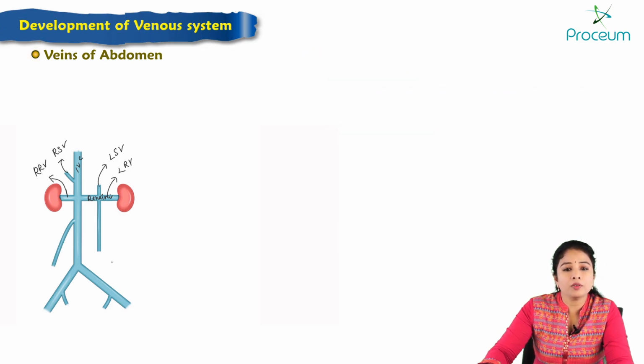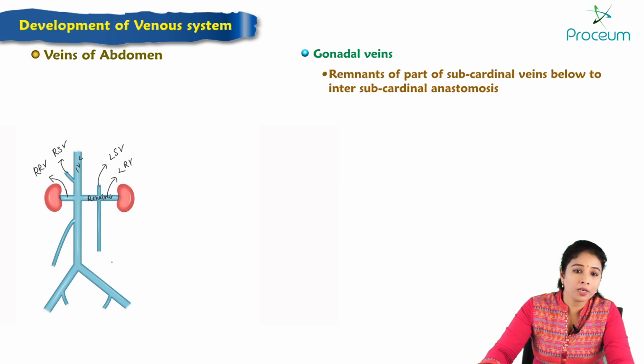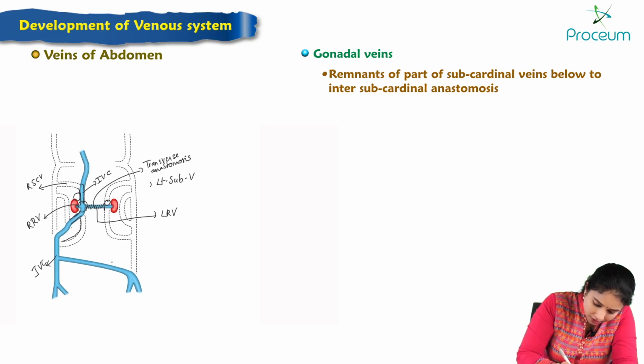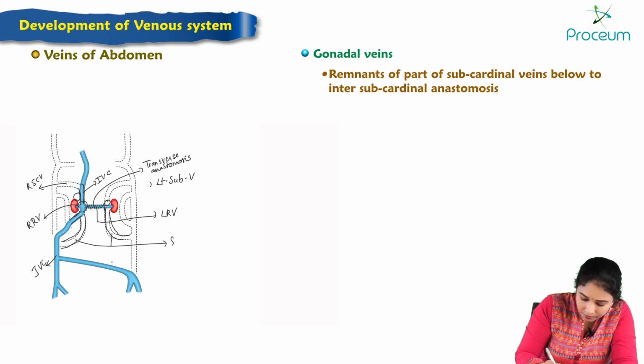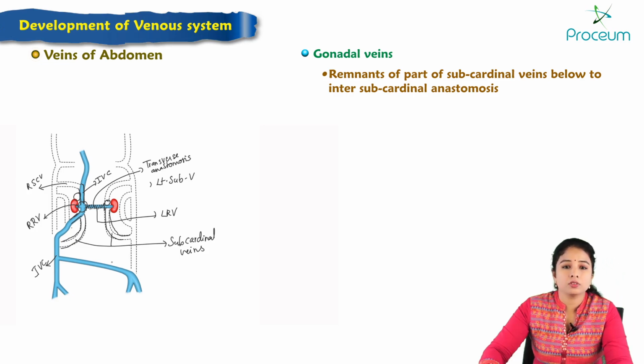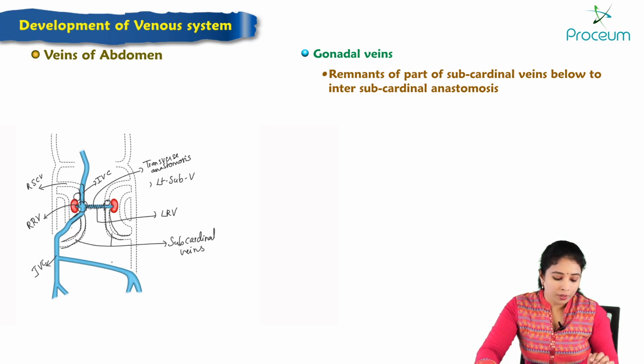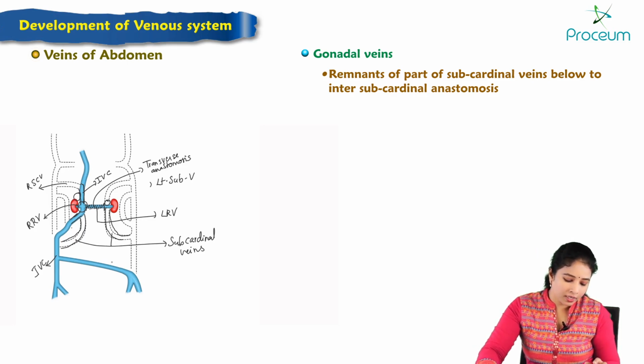Next, about the development of gonadal veins. Gonadal veins are the remnant of the part of subcardinal veins. So the subcardinal veins, so this dotted, on right and left side, subcardinal veins give rise to gonadal veins. So the gonadal veins, you can see they are the remnant of the subcardinal veins below the intersubcardinal anastomosis.